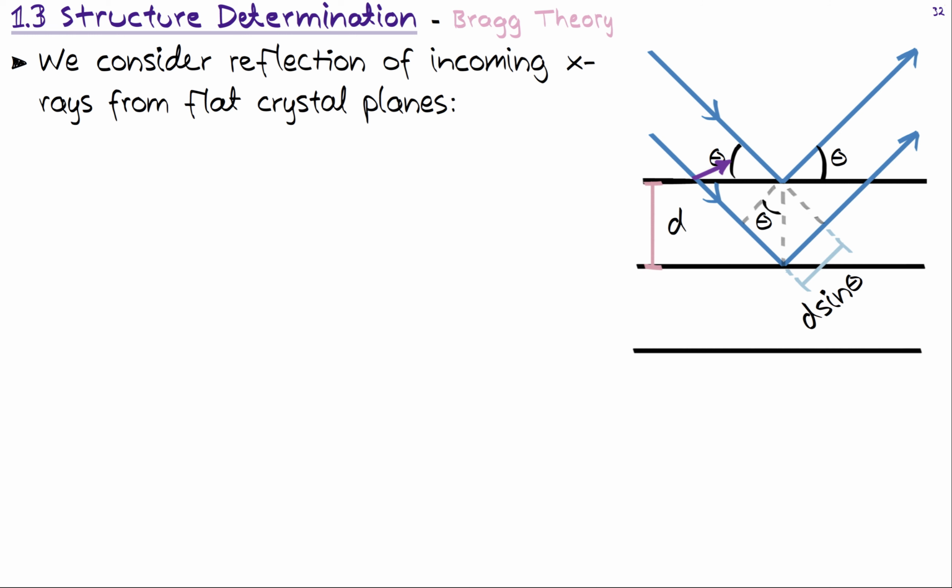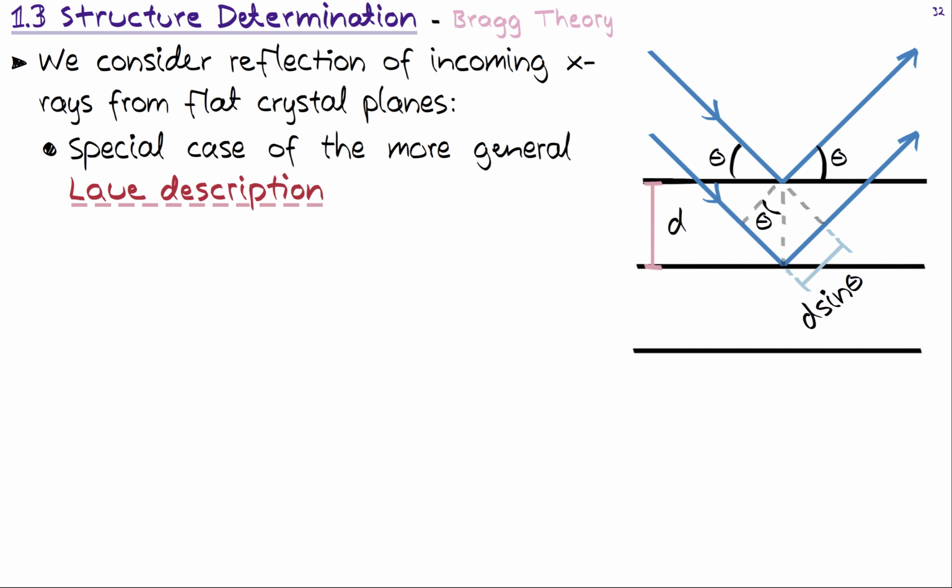And incidentally, this is defined differently than in optical diffraction, where in diffraction gratings and in reflection, we have the theta, the incidence angle, defined with respect to the surface normal and the incident ray. And in here, we are defining theta as the angle between the lattice plane and the incident ray. So please be careful of the difference between the definitions. And then we have d, the separation between lattice planes.